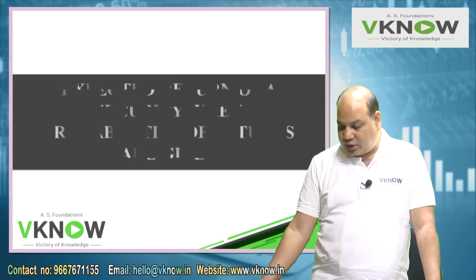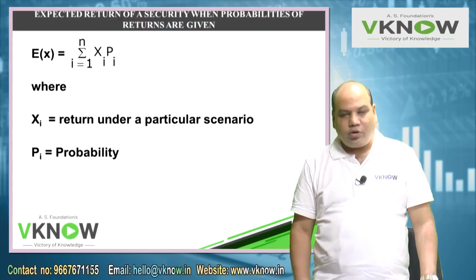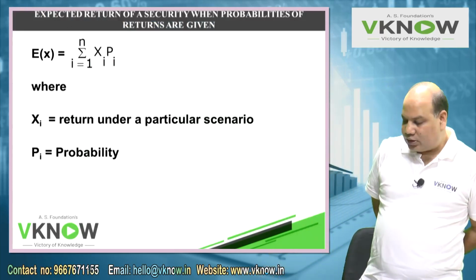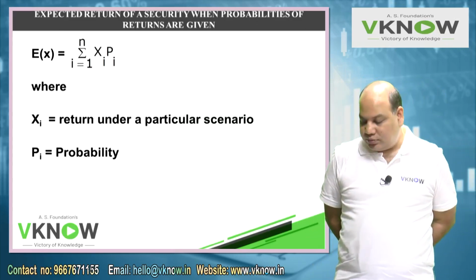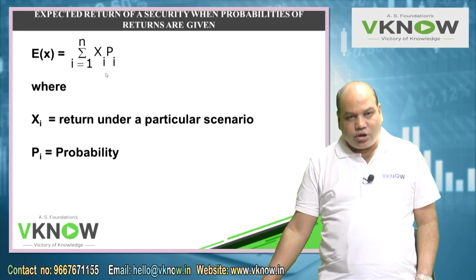Next is expected return of a security when probabilities of return are given. So the formula for expected return is summation xi into pi, return of the security under a particular scenario multiplied by the probability.